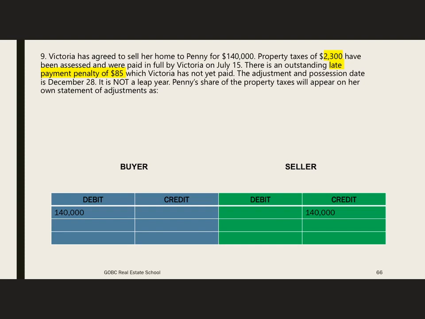Okay, and then the property taxes, the thing that we're actually concerned about, it says that $2,300 actually were assessed and they were paid by Victoria on July 15th, and that there's an outstanding late payment penalty of $85, which Victoria hasn't paid yet. So normally when we have a late penalty fee, we would actually debit the amount of the taxes and the penalty to the seller.